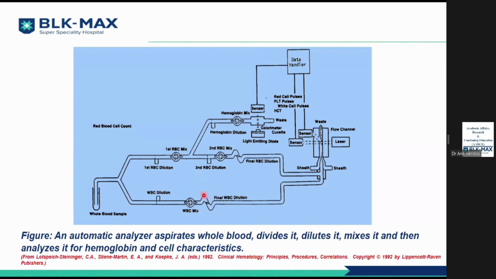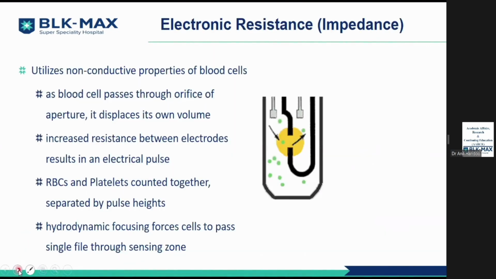Then you have a WBC bath or WBC channel where, depending upon the technology used, you identify various white blood cells. The entire information is taken into a scatter plot, a laser system or a flow cytometry system, where the pulses from the electrical impedance-based system and the flow-based system are integrated, and finally the information is given in the form of a data plot or digital information.